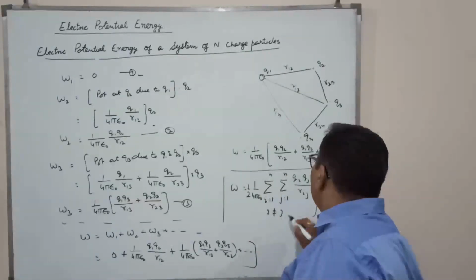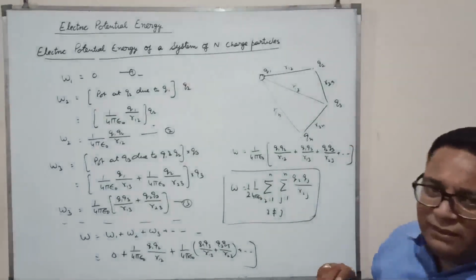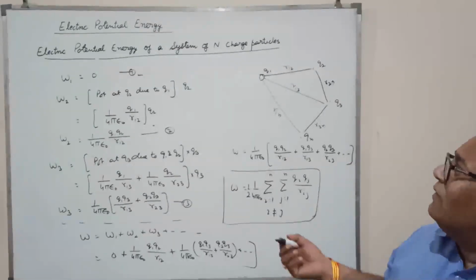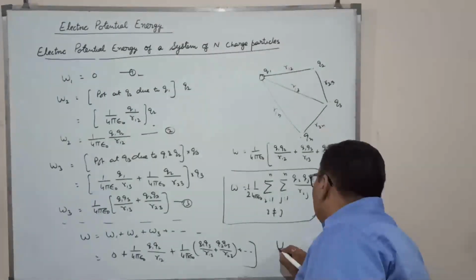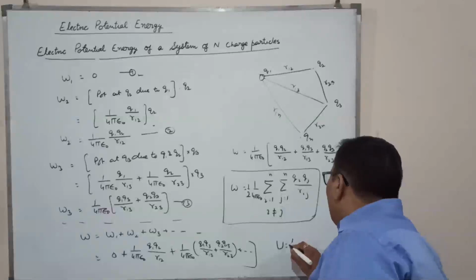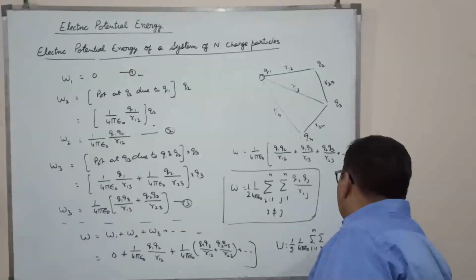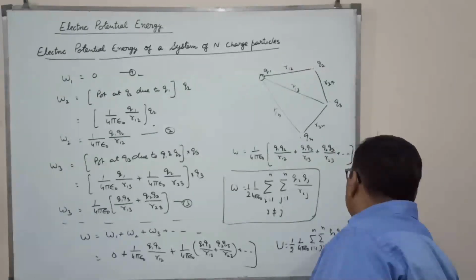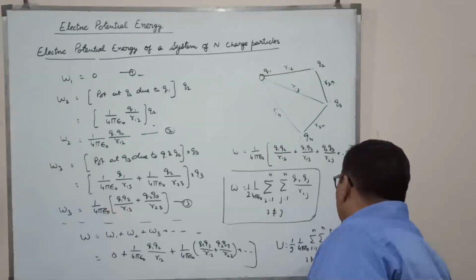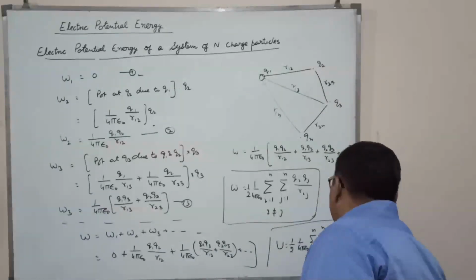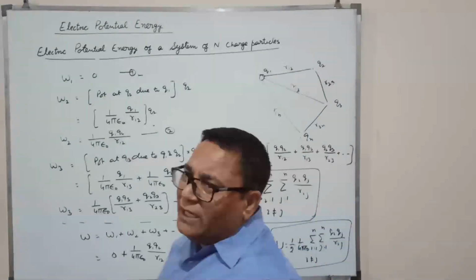This is the expression for work done, and this work done is stored in the form of potential energy. Therefore, U is equal to half times 1 upon 4 pi epsilon 0 sigma i is equal to 1 to n, sigma j is equal to 1 to n, qi qj upon rij, i is not equal to j. This is the expression which is very important for numerical problems.